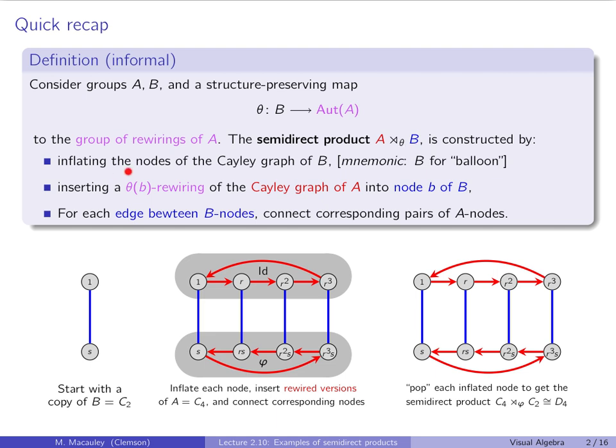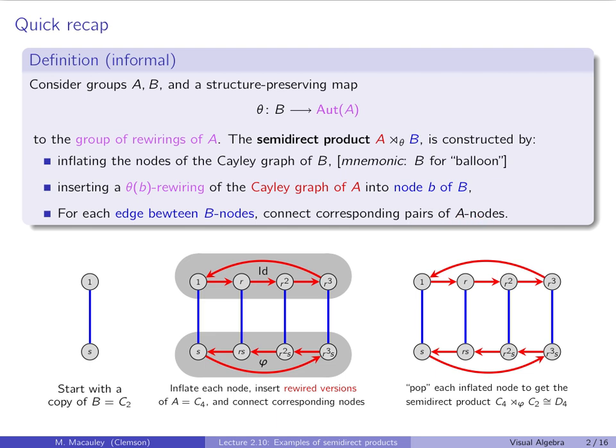We inflate the nodes of the Cayley graph of B, and I think of B for balloon. Next, inside of each inflated node, we stick in a rewiring of the Cayley graph of A, and this map up here tells us how we do that rewiring. And then for each edge between nodes in B, we connect corresponding pairs of nodes from A.